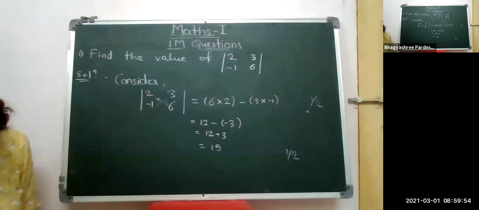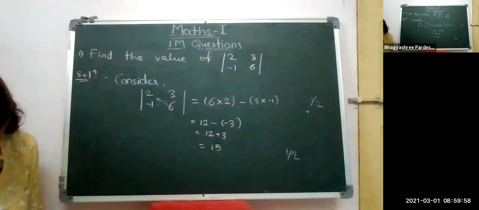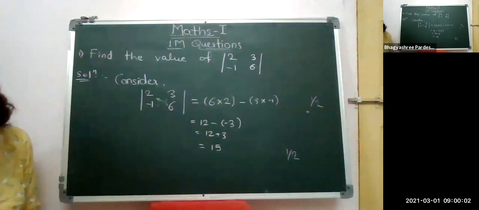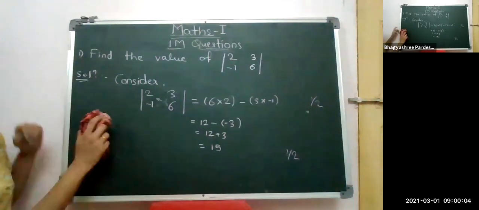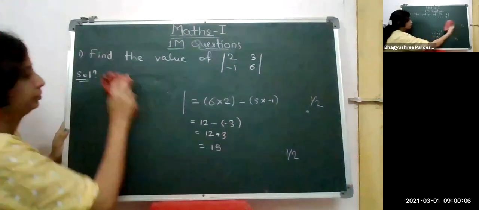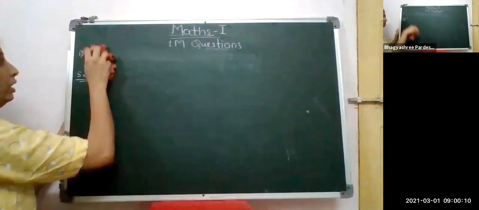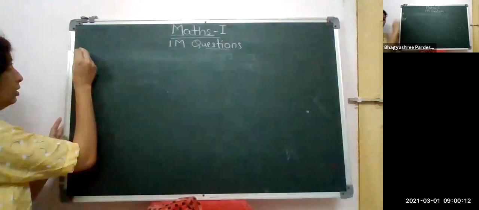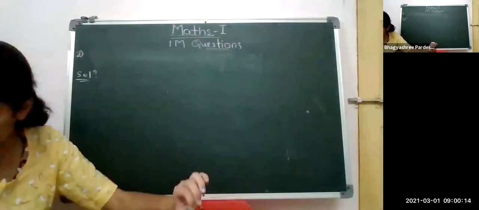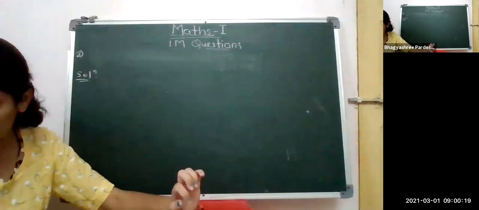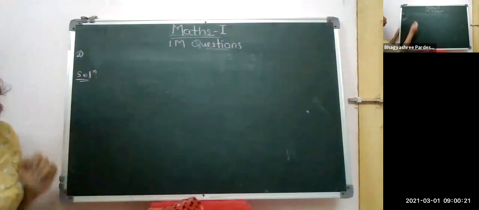Now let's take one more. I have one question here, and I'm just reading it: to draw a graph of an equation, we have to find the value of y when x is given to us.